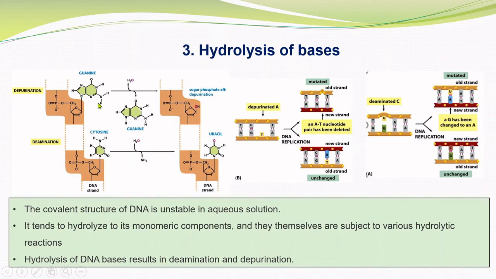So I hope it is clear how the hydrolysis of bases brings about deamination and depurination. So these are the nucleotides of the DNA molecule. Each nucleotide consists of a sugar molecule, a phosphate group, and a nitrogenous base. And the adjacent nucleotides are linked together by phosphodiester bonds.